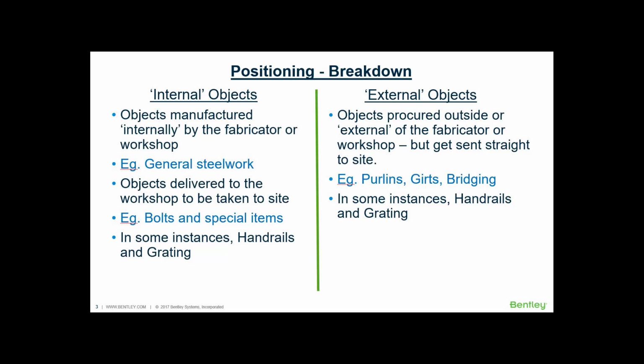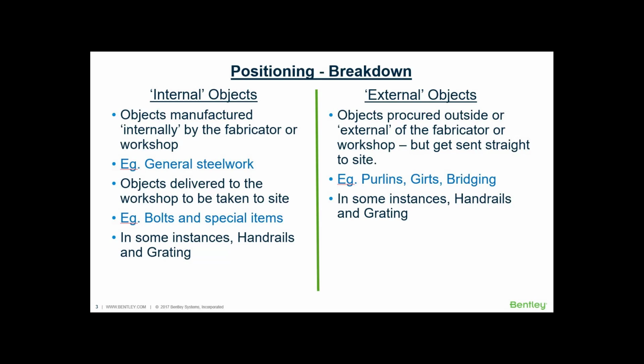In some instances, the handrail and the grating are fabricated in the workshop in panels and then taken as a panel to site, or as a grating panel to site. The actual handrails and grating are a bit of a grey zone.